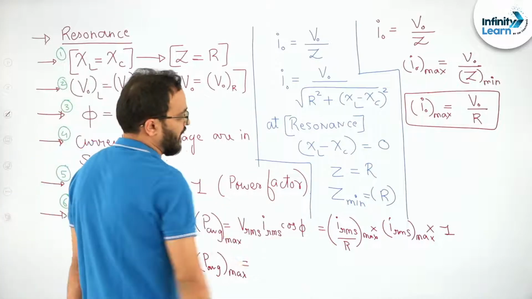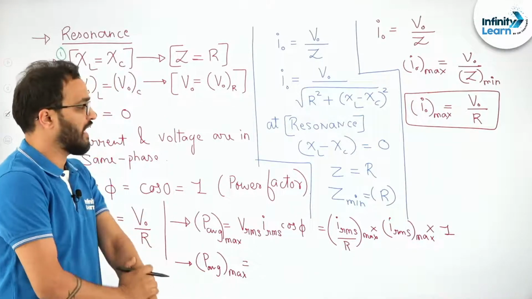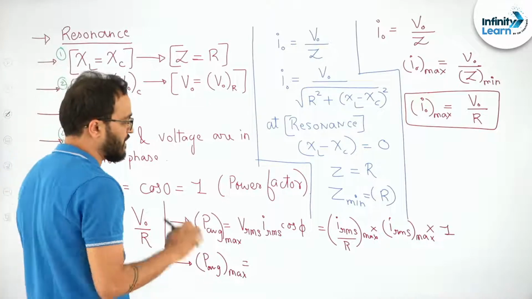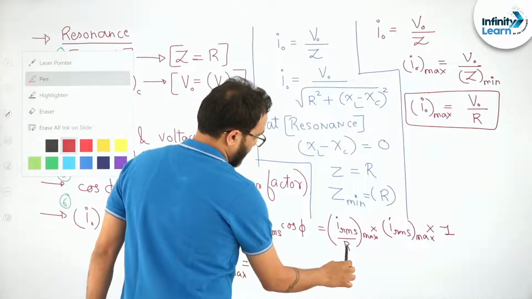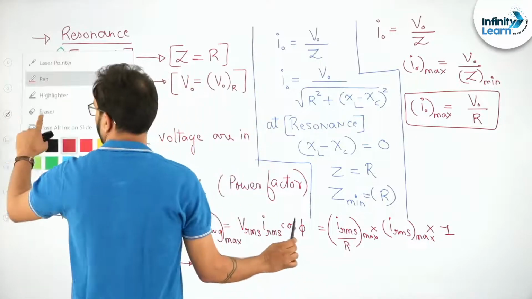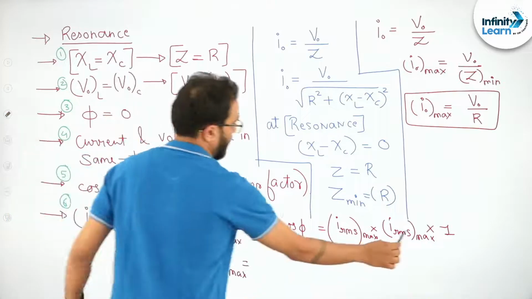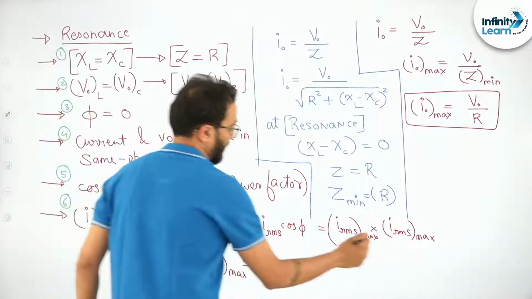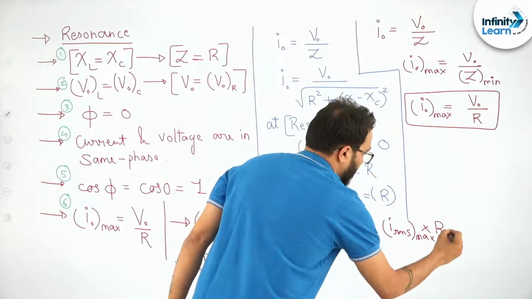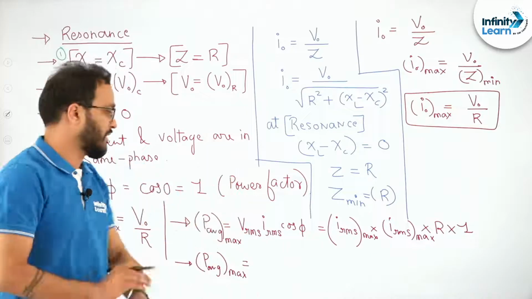Now what is IRMS? IRMS is I naught by root 2. So we can simply say, one minute students, one minute. Vrms is equal to IRMS into R, into 1, fine.